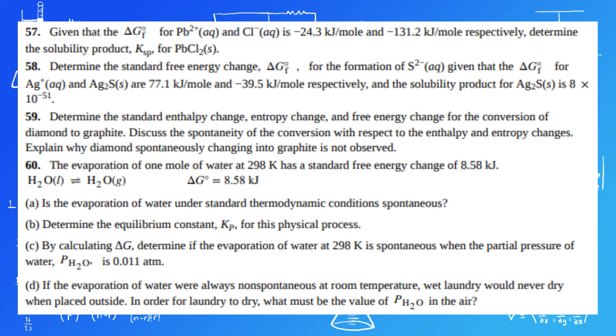58. Is the reverse of 57. 59. Diamond to graphite. So I guess they want you to use data tables to figure that out.